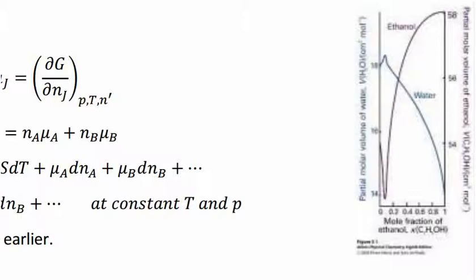The answer would be the partial molar volume of water times Na, the number of moles of water, plus the partial molar volume of ethanol times the number of moles of ethanol.